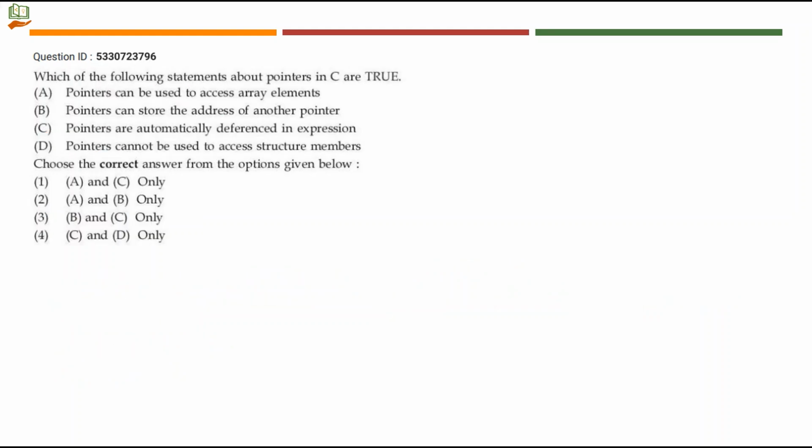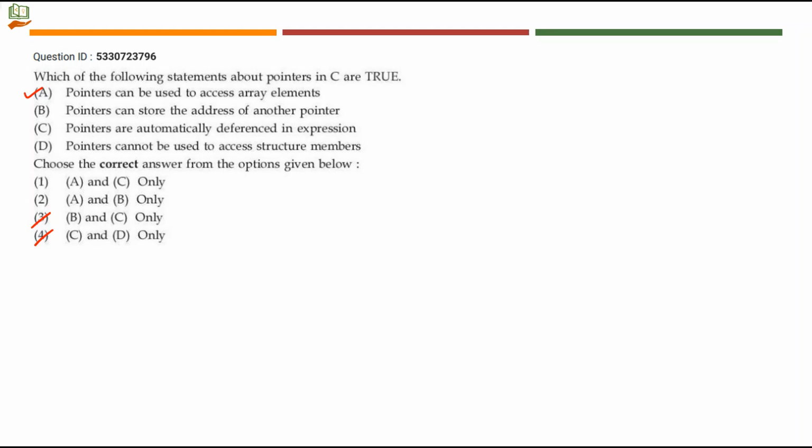Next question. Which of the following statements about pointers in C are true? Pointers can be used to access array elements. So far in all the output code segments, we have been seeing the same thing only. So definitely A is true. So any option that excludes A can be ruled out at this stage itself. Now we have to check whether B is true or C is true.